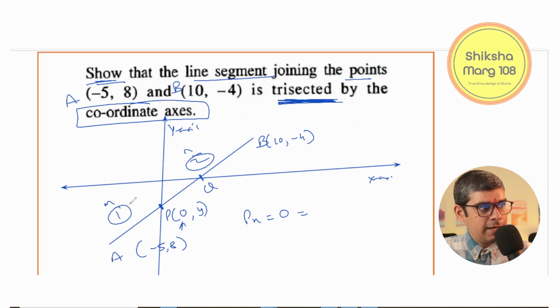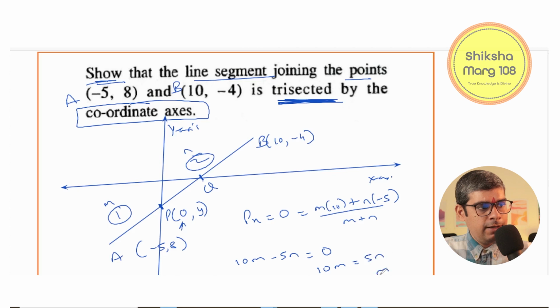So let's do that. m times 10 plus n times minus 5, the whole upon m plus n, and we definitely know that the x coordinate of P is 0. So m plus n times 0 is going to be 0. That's all 0. This is 10m minus 5n. The negative 5n goes over there, becomes positive 5n. 10m equals 5n.